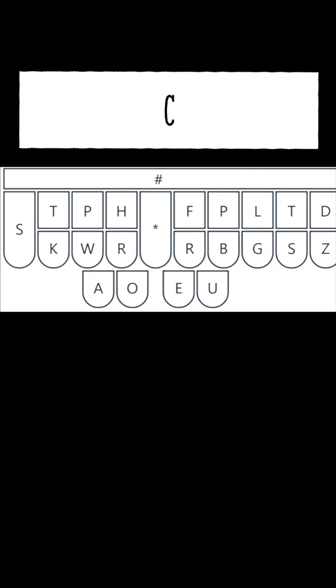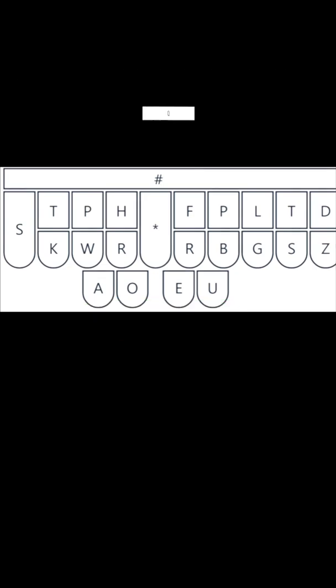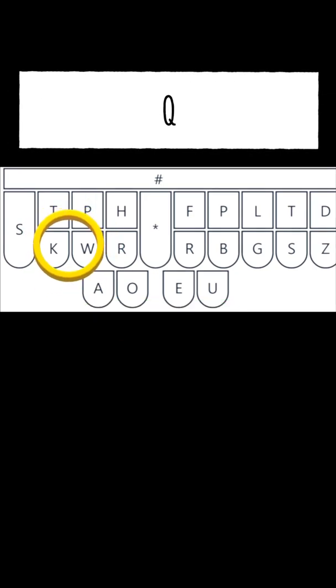There are a couple letters that we haven't written before. So the letter C would be written by pressing the KR keys with your left hand. An I would be written by pressing the long I, AOEU. And a Q is made by pressing the KW.